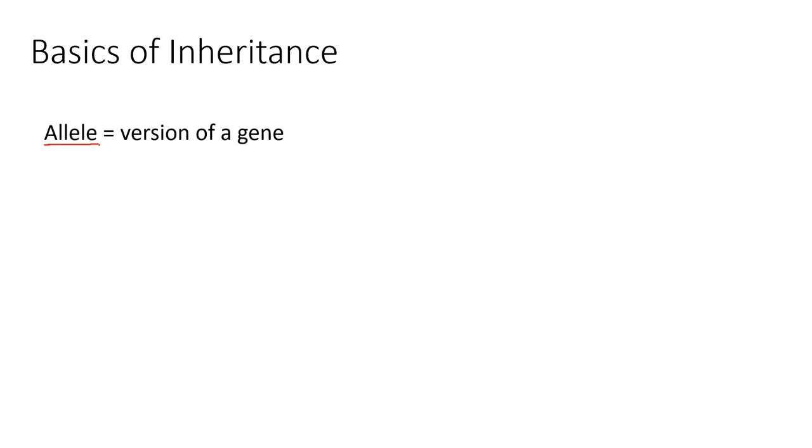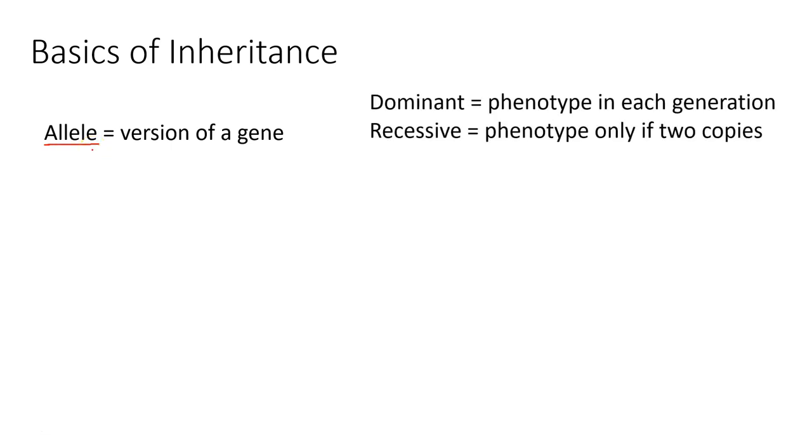Some alleles, some versions, are dominant and others are recessive. When you have one copy of the dominant gene, regardless of which parent you get it from, that particular phenotype will show up. So whenever you have one copy of the dominant allele, the dominant phenotype will show up.